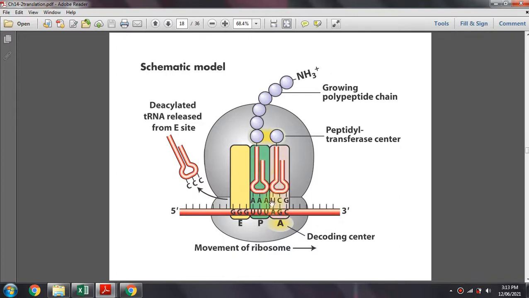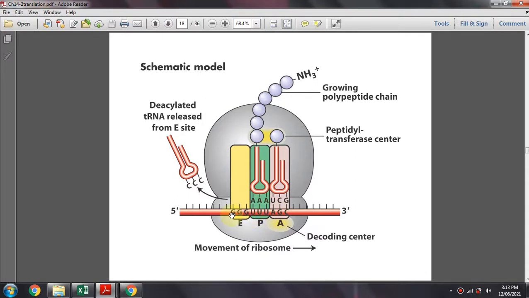Next tRNA, so the ribosomes join mRNA in such a way that, now see here you can see each site, E site, P site and A site accommodate one codon. Codon means three nucleotides.